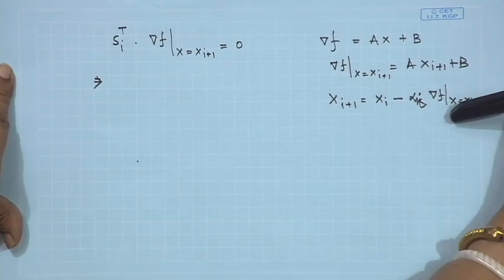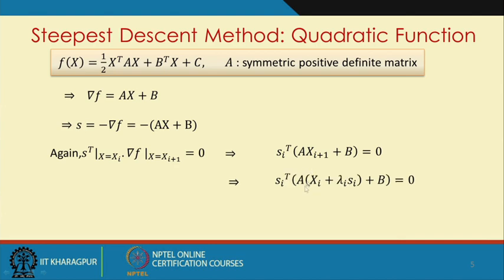We know that. That is why if we substitute that fact here, then we can write A of x i plus 1, where instead of alpha, here it has been considered as lambda, there is no harm in it, alright. Here s i is equal to minus grad of f, the same thing. Okay.